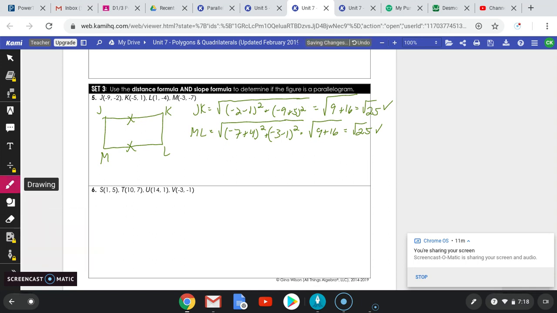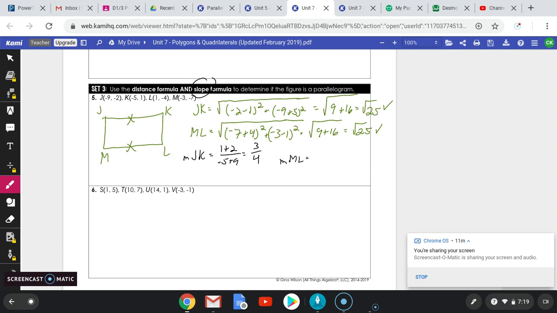Now, what I'm going to do, using still JK and ML, now I'm going to do the slope formula. So the slope of JK is going to be 1 plus 2 over -5 plus 9, which gives me 3 over 4. Do the slope of ML.